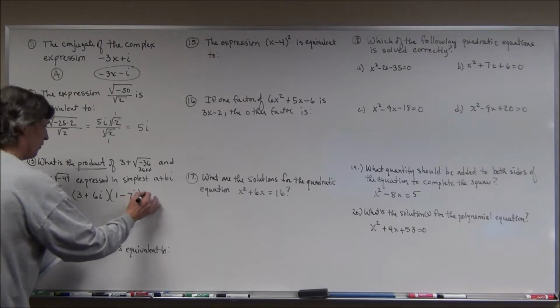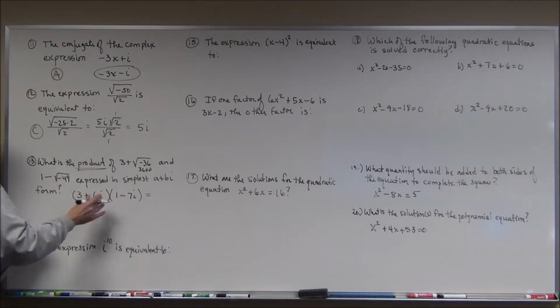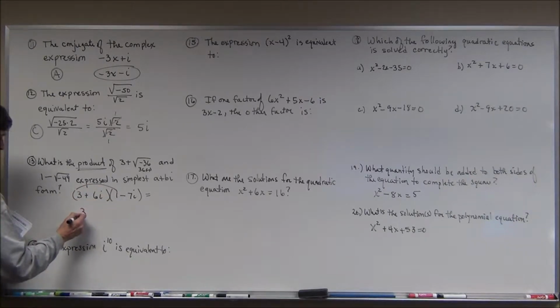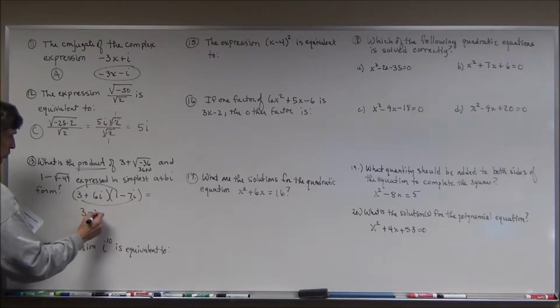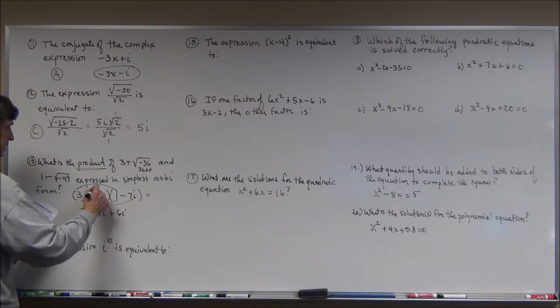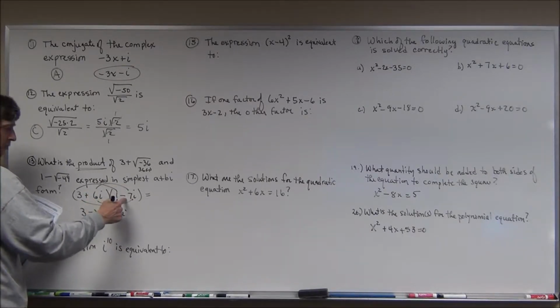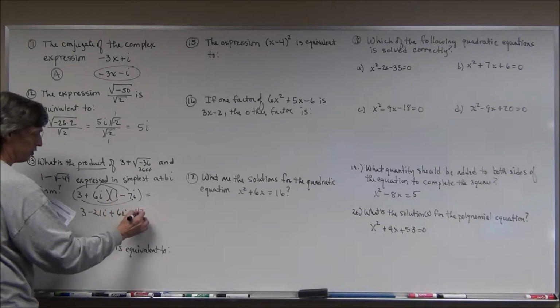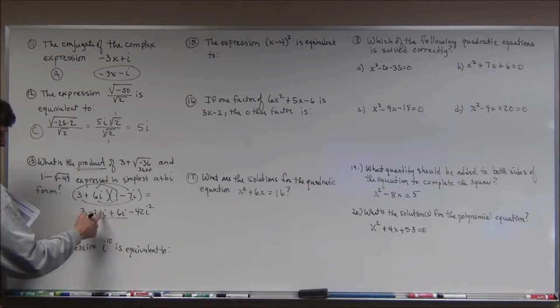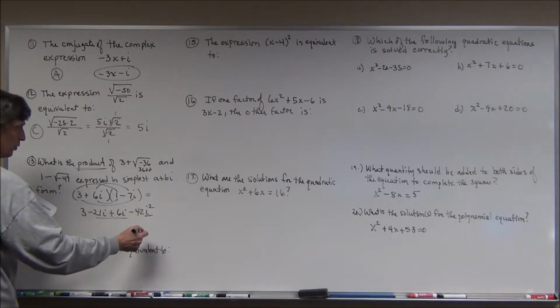So now I'm just going to do a FOIL approach to multiplying these imaginary numbers together. First, outer, that'd be minus 21i, inner, that would be plus 6i, and then last, a positive 6i times a negative 7i is a negative 42, careful, i squared. Now these two are like terms, that's negative 15i. The 3 is not a like term with it, but what about this i squared?